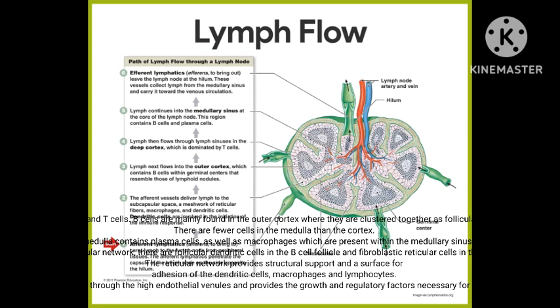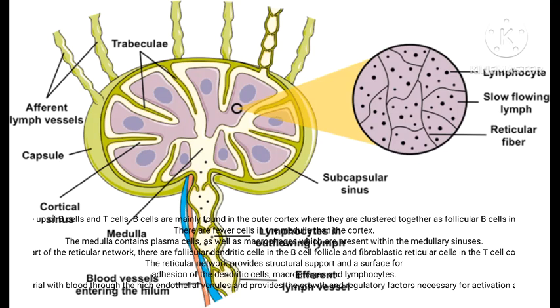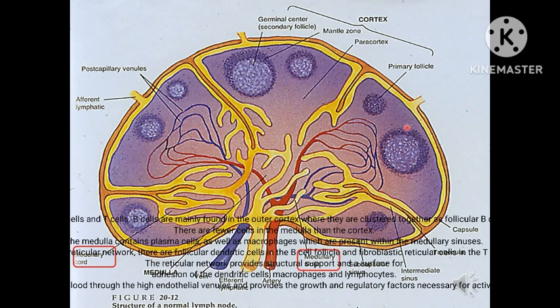The medulla contains plasma cells, as well as macrophages, which are present within the medullary sinuses. As part of the reticular network, there are follicular dendritic cells in the B cell follicle and fibroblastic reticular cells in the T cell cortex. The reticular network provides structural support and a surface for adhesion of the dendritic cells, macrophages and lymphocytes.